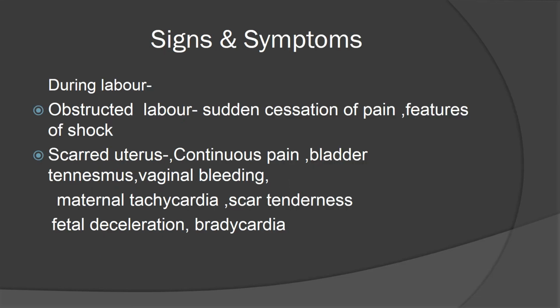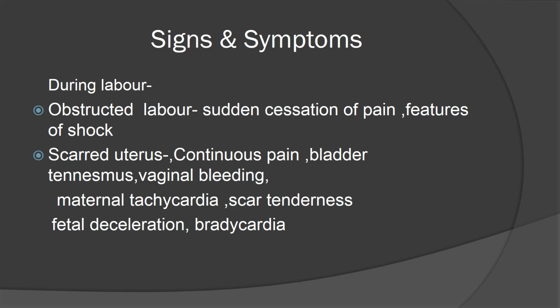The most dramatic type of rupture occurs during obstructed labor, when the woman may be having severe pain due to tonic uterine contraction. She may be in agony and may even be screaming. Suddenly, she may feel something giving way inside her, and the contraction suddenly ceases, and she may feel a momentary relief of pain.